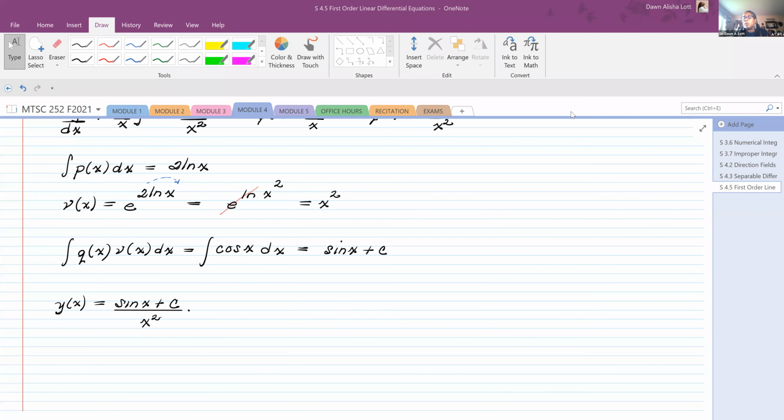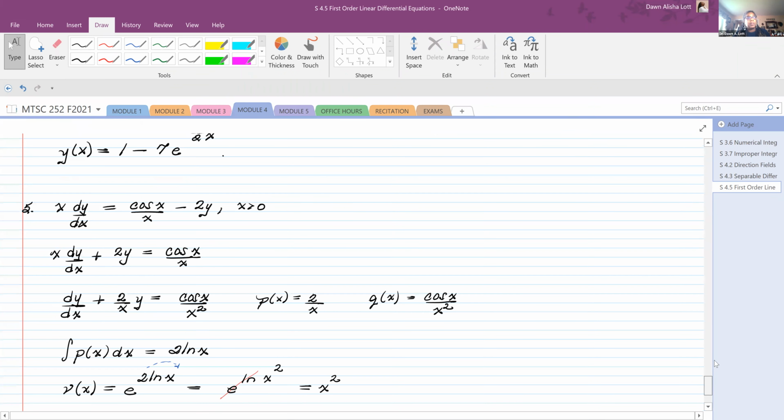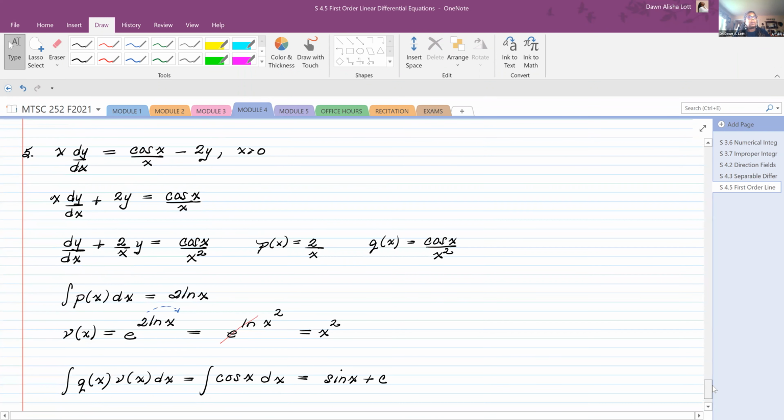Okay, so we scroll up, and this is what your group told me. You said that you first moved the 2y to this side, then you told me you divided by x. So now you found p of x and q of x.